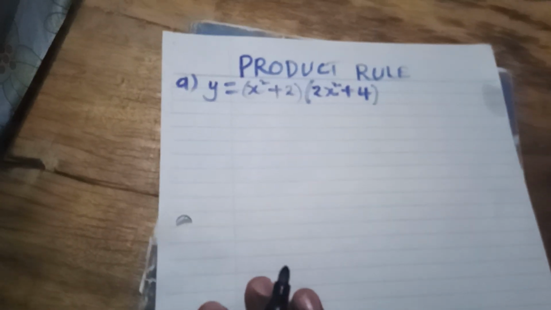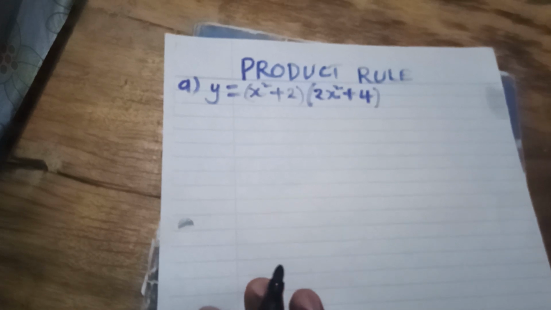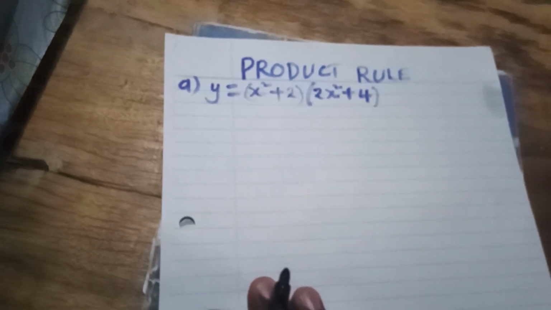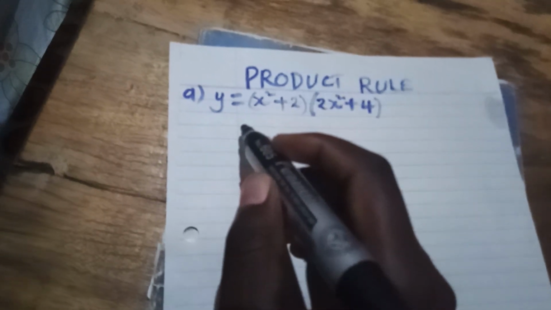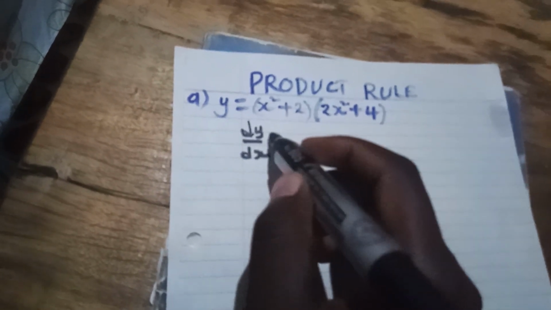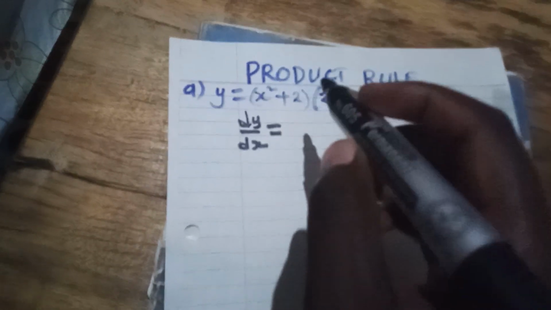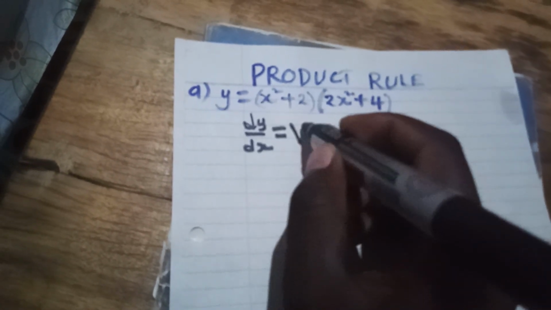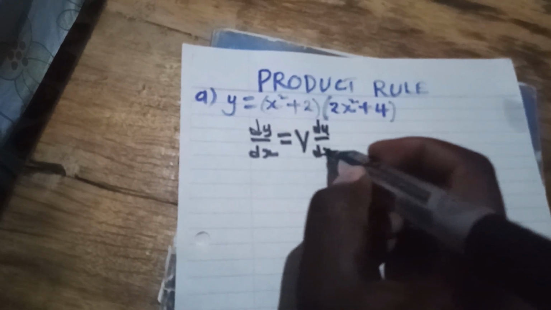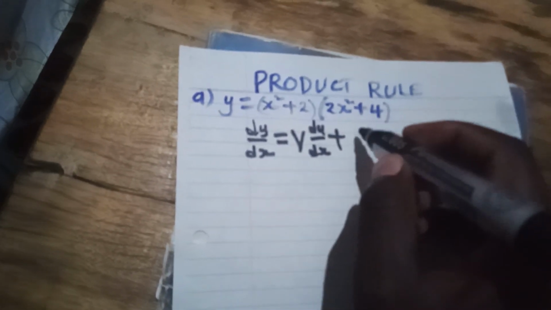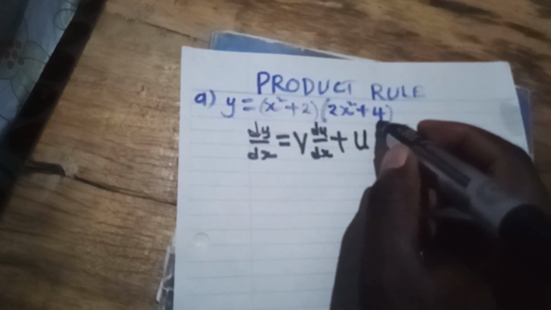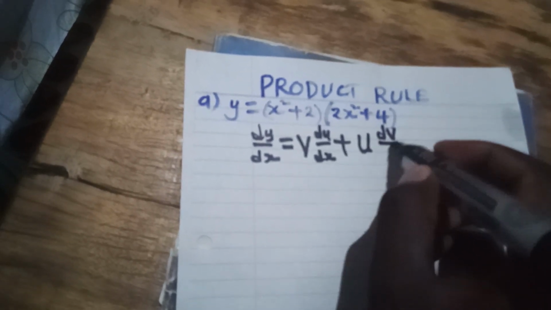As we said in the previous example, product rule means two functions are multiplying themselves. And thus we got the general formula for product rule as dy over dx being equal to v du over dx plus u dv over dx.